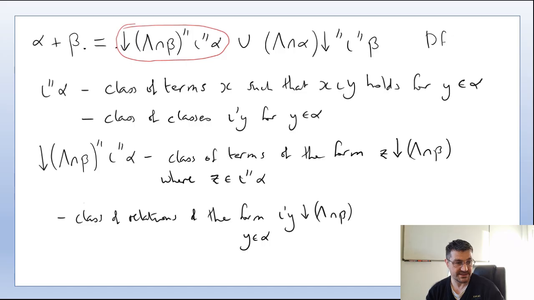Now we've got this weird symbol going on here, this λ∩β. Remember what I was saying earlier? This is a way to fix the type of the lambda. If we just had lambda there, which lambda are we talking about? Here, λ∩β forces that lambda to be of the same type as β.